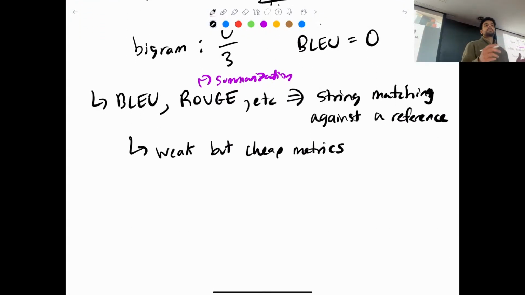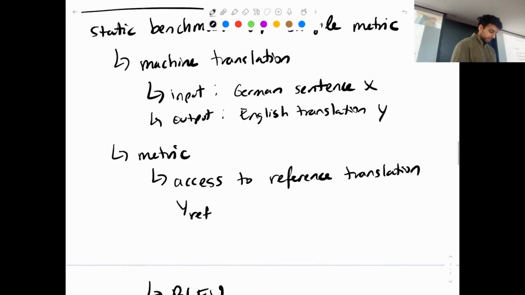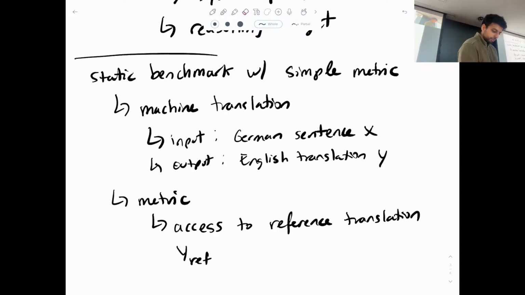So now let's transition from this case where we have a static data set with a single task. I should have added that up here for single task.